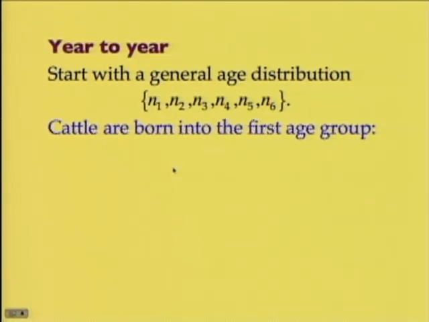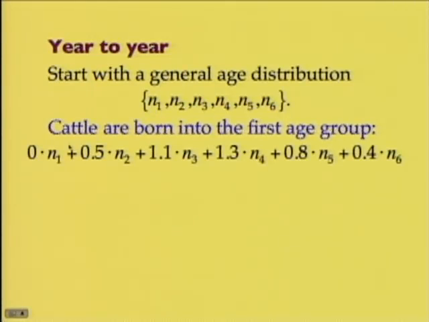So to get the total in the next group, in the next cycle that are in that youngest age group, I look at the birth rates for each of these groups, and I multiply by the number that are in there. So 0 for the first one, 0.5 if you remember these numbers in the birth rates for the second, 1.1 for the third, and so on.